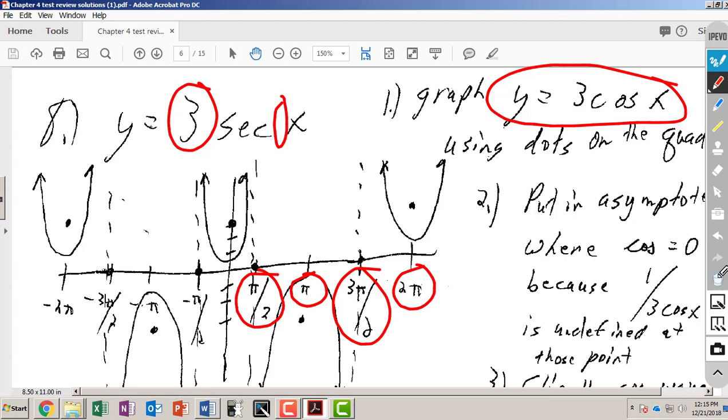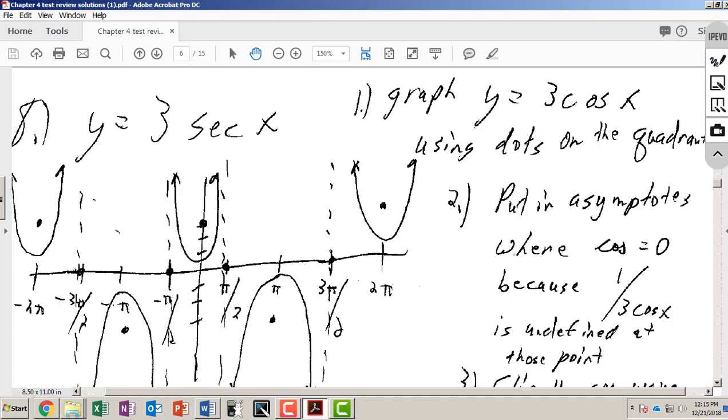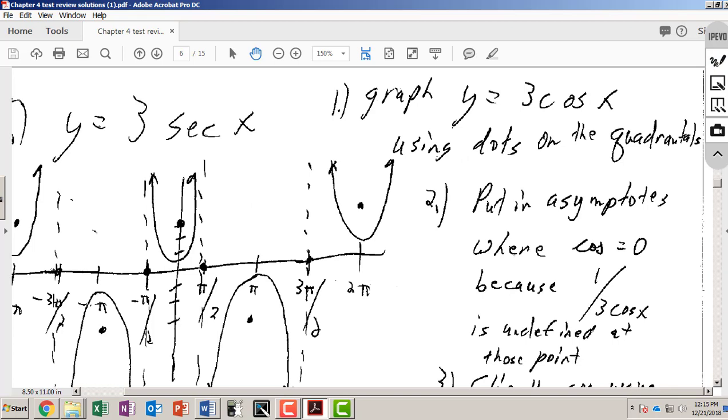And it looks like I did make a mistake on this one, because here are my dots. As I graph my 3 cosine of x, here are my dots representing my cosine graph. Here's the dot at the amplitude, it goes up 3, down here, back up again, and so on.